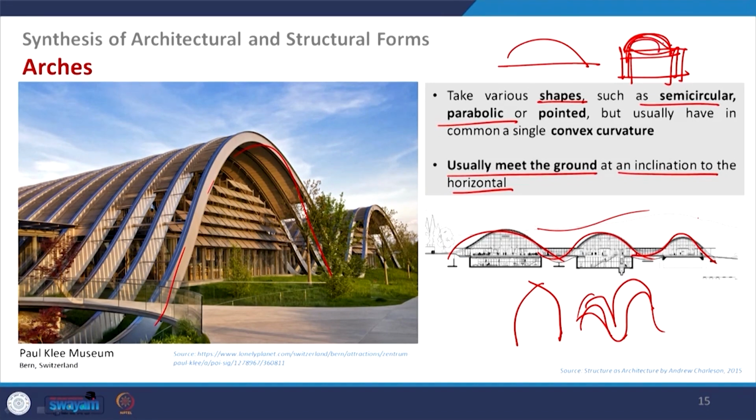The example I have given, Gol Gumbaz, is not exactly an arch, that is the dome. Here we are more emphasizing the arch form, and how you create the arch as a door or entrance. That is more predominant in this part.